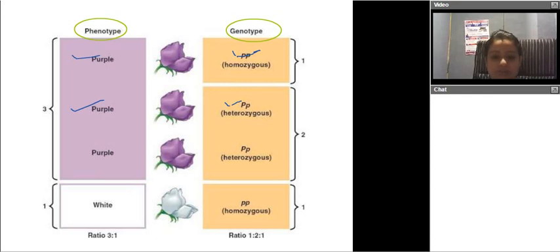Right? But the color of the flower will be white if its genotype is homozygous and has both the recessive characters. So the ratio of purple flowers is 3 and that of white is 1. So do we understand? The genotype is the heredity, the genetics, and phenotype is the observable character, that is the color.